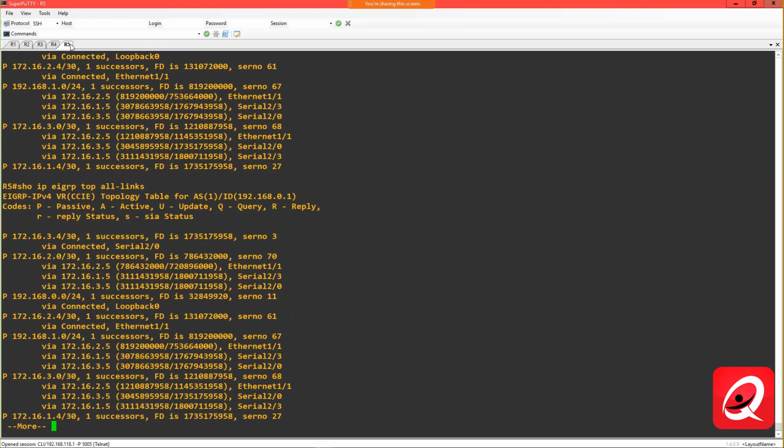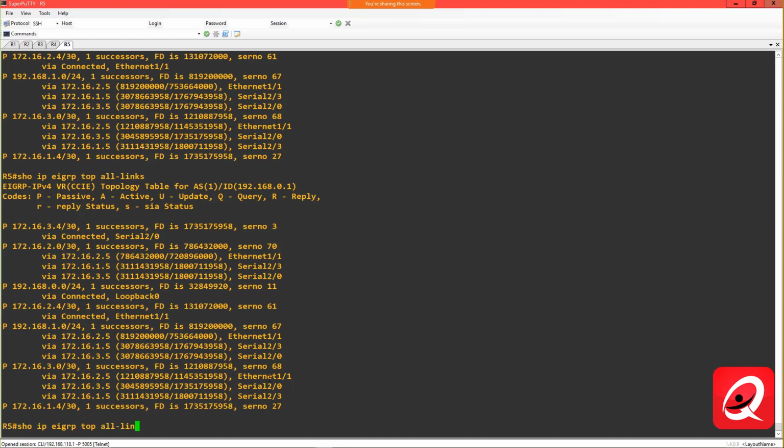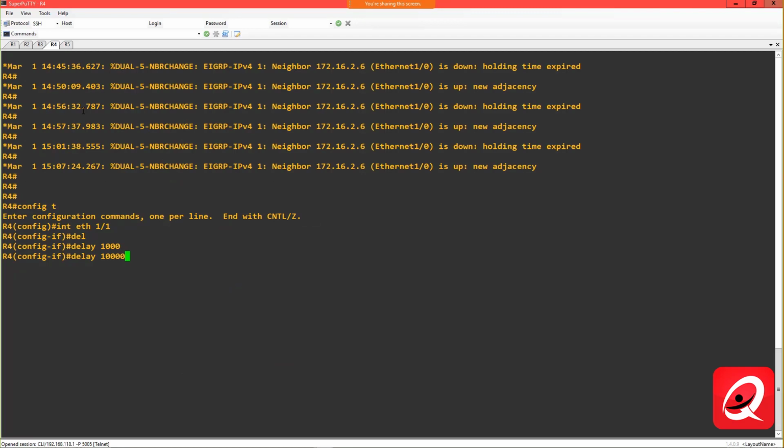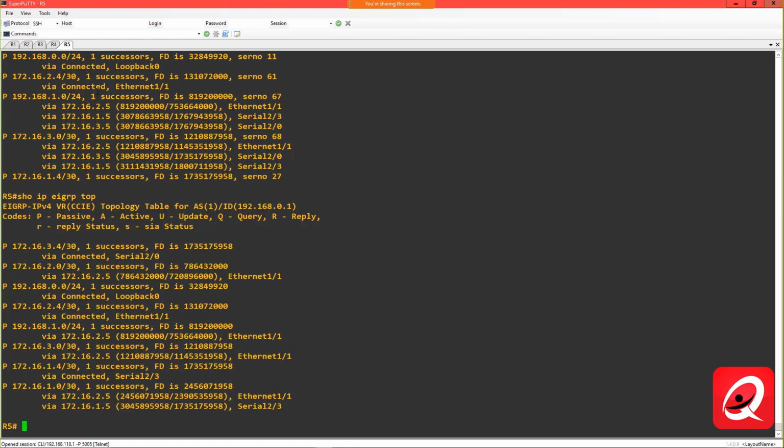Okay, so the metric definitely went up. No doubt about that. But it's still not even close to the reported distance from the other paths. So it might require a little bit of balancing from both sides, but I think you guys get the idea. Let's go ahead and change it to 10,000. No, let's make it 19,000. I guess it doesn't really matter. We could even make it 20,000.